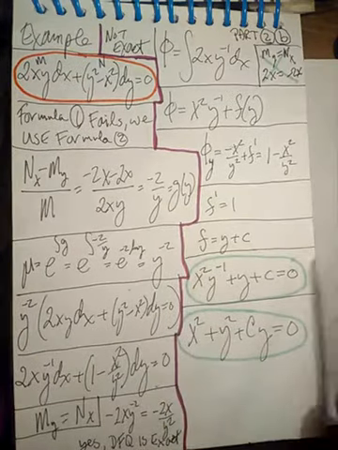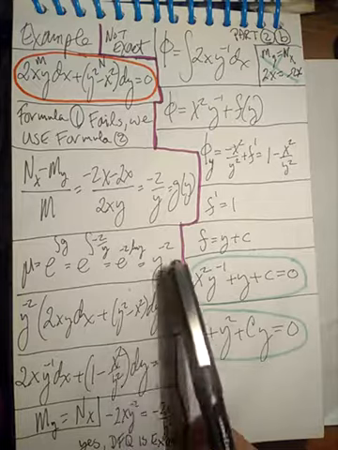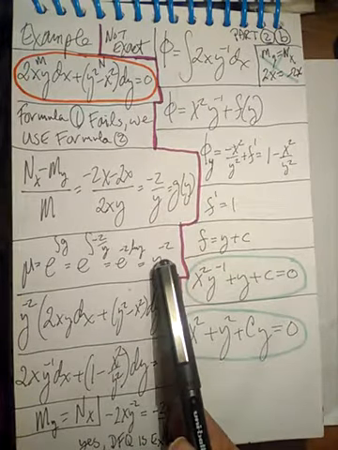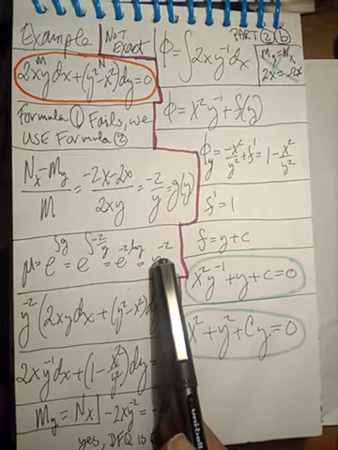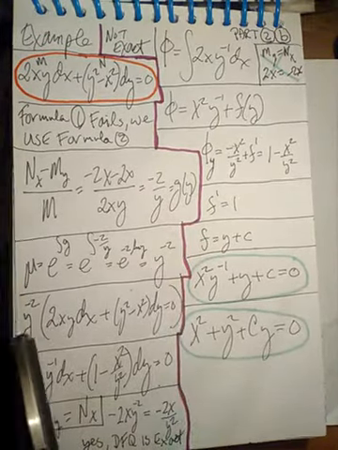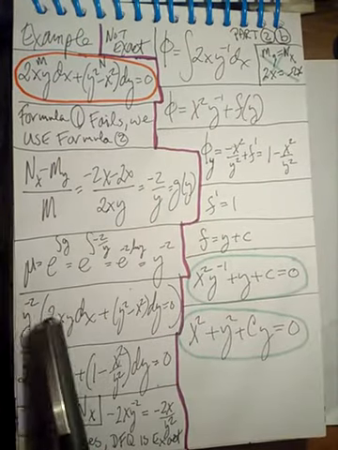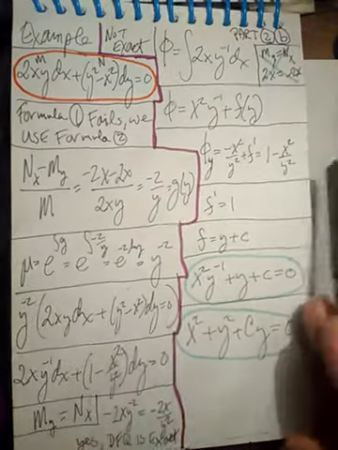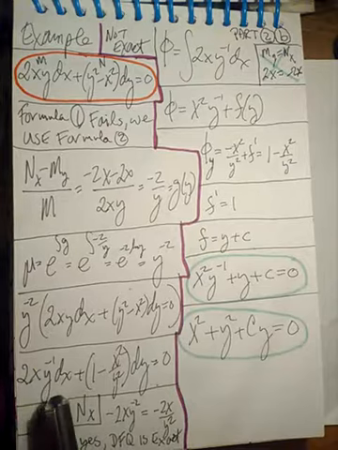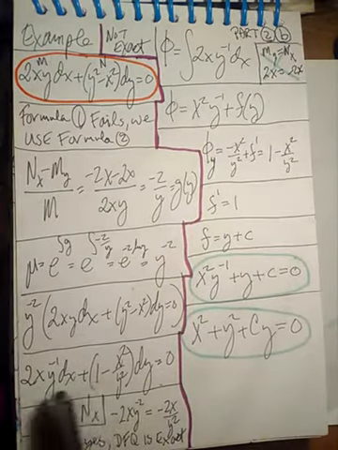And just like I did in the last example in my part 2 video, we multiply mu times the given differential equation. So here's y to the negative 2 times this, and if we do a little bit of algebra, we get this right here.